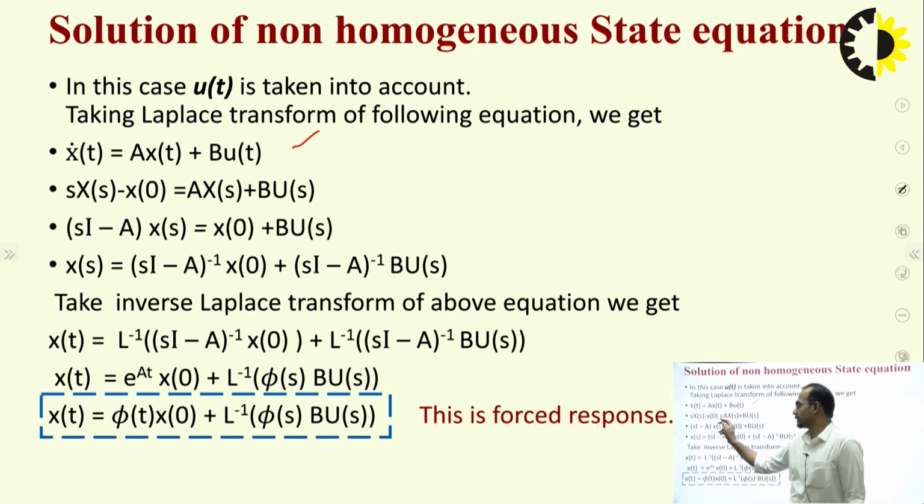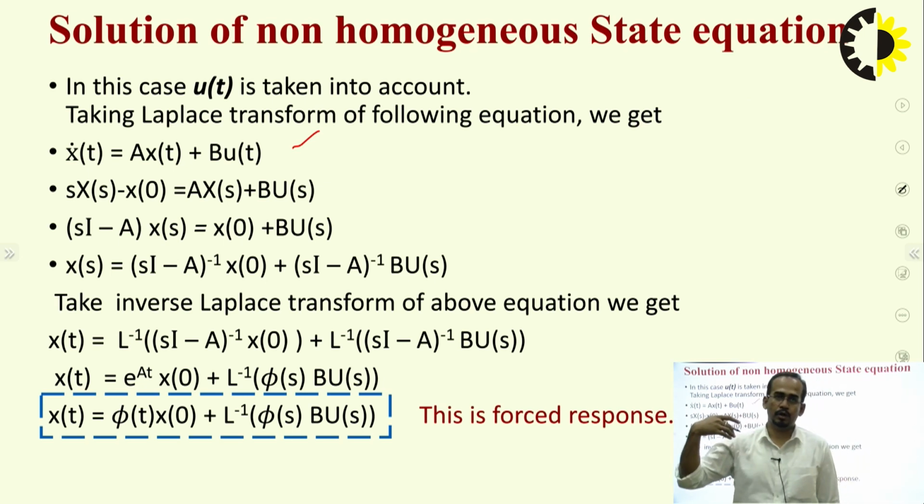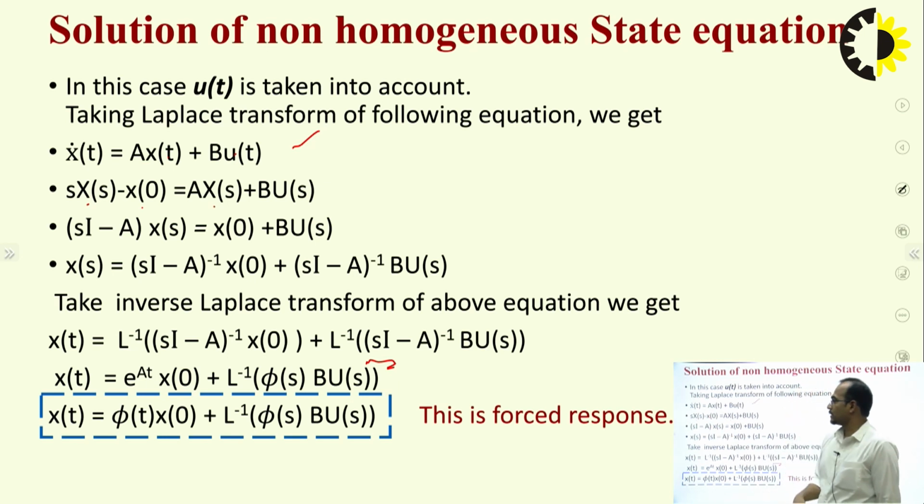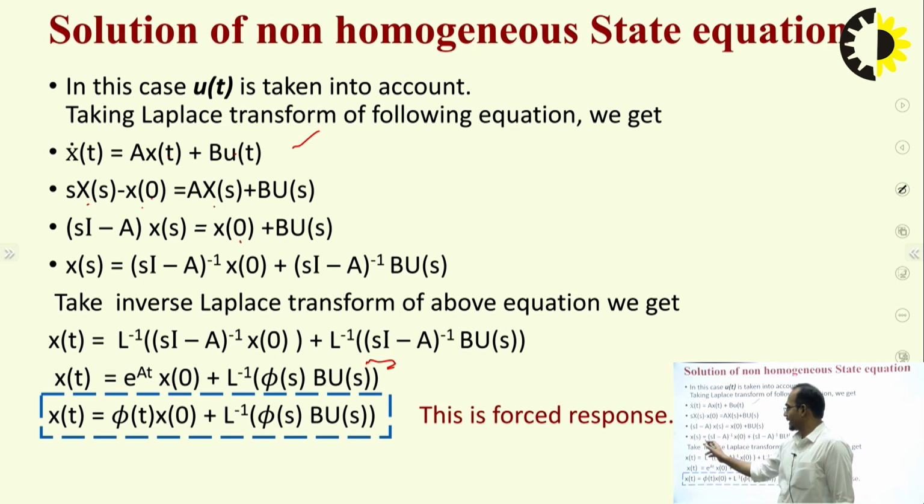I am not ignoring this x0, or considering it as 0. So it will be equal to sX(s) minus x0 is equal to AX(s) plus BU(s). So I am transferring this to the left side: (sI minus A)X(s) is equal to x0 plus BU(s). So X(s) will be equal to (sI minus A) inverse x0 plus (sI minus A) inverse into BU(s).